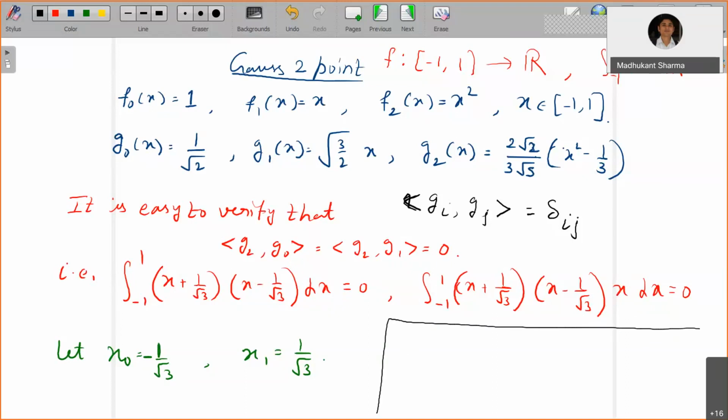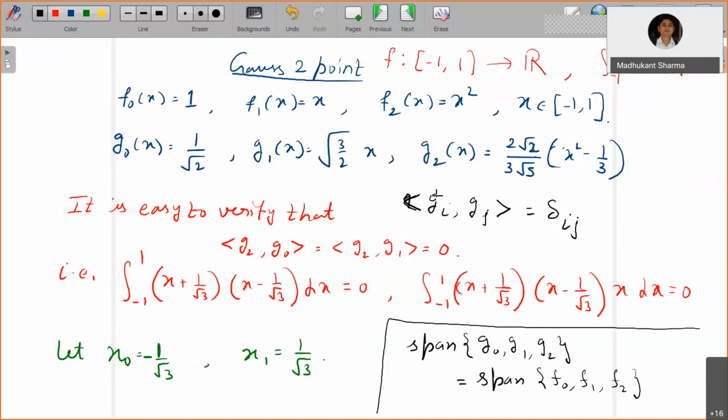Why is it so? Because if you recall, the span of g0, g1, and g2 is the same as the span of f0, f1, f2, which is the set of all polynomials of degree less than or equal to 2.